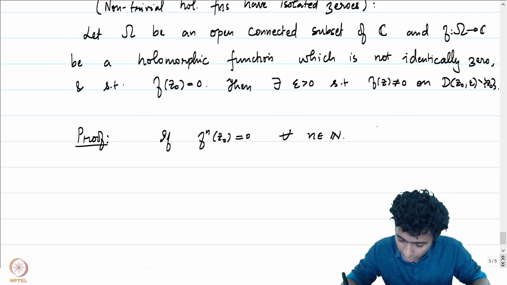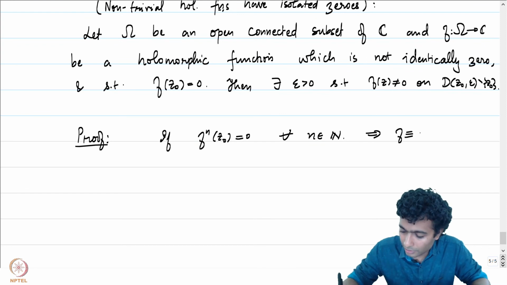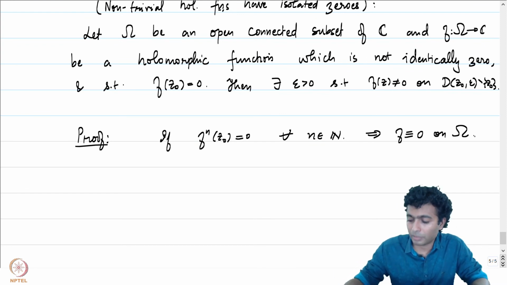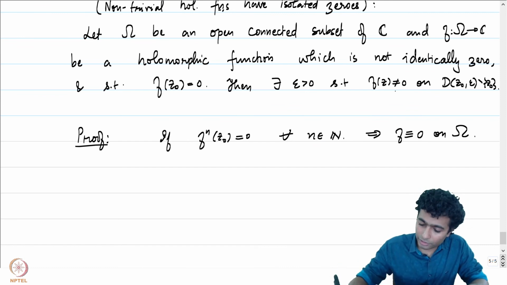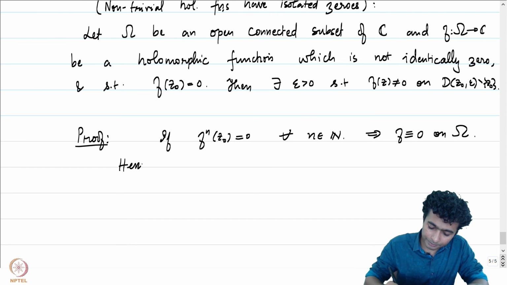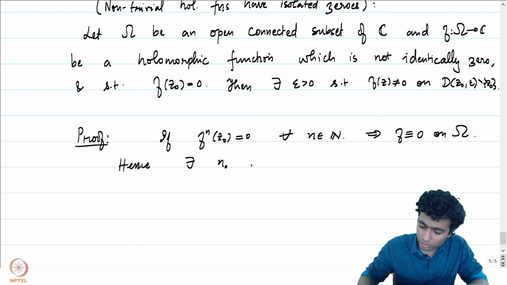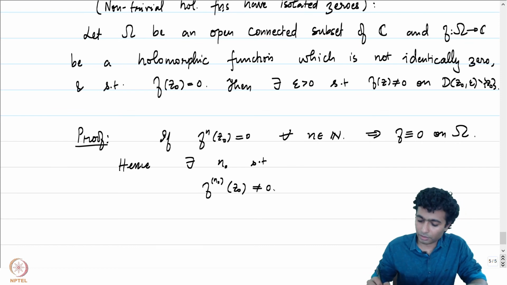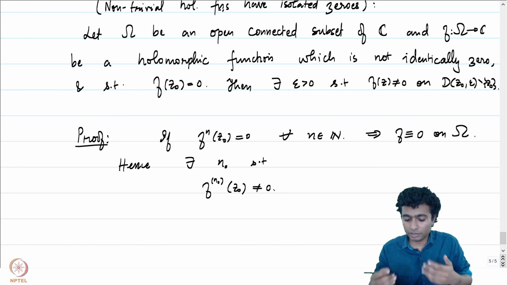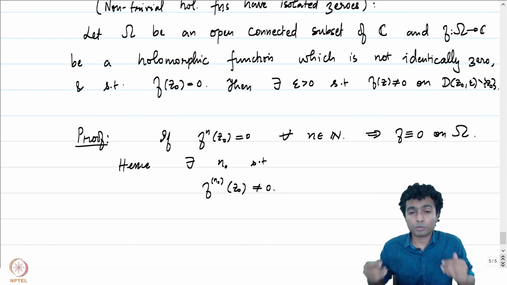But we have already assumed that f is not identically equal to 0, and therefore this cannot happen. So let me just note that if f_n of z0 is equal to 0 for all n, this would imply that f is identically equal to 0 on omega by using the principle of analytic continuation, which is a contradiction. Hence, there exists n0 such that f_n0 of z0 is not equal to 0, and we can pick n0 to be the smallest such n.